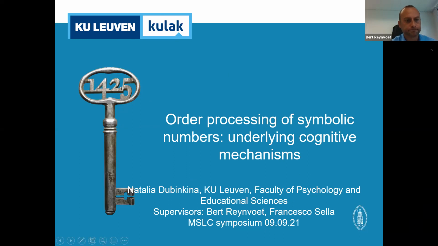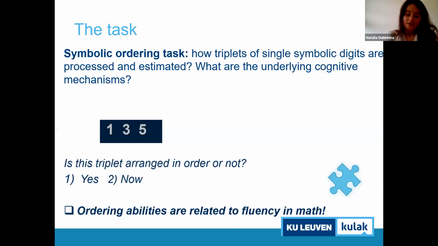Yes. Okay, great. So today I will talk about symbolic number order processing, its underlying mechanisms, and its relation to arithmetic fluency in adults. Depending on the context, symbolic numbers can convey different meanings. They can, first of all, refer to their magnitudes and to the specific value.